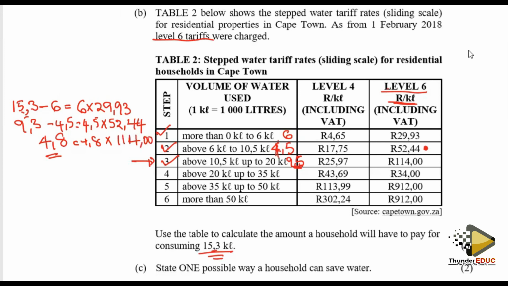Multiply all these numbers, get your answers. For example, in bracket number 1, we shall have an answer as 179 rands 58.